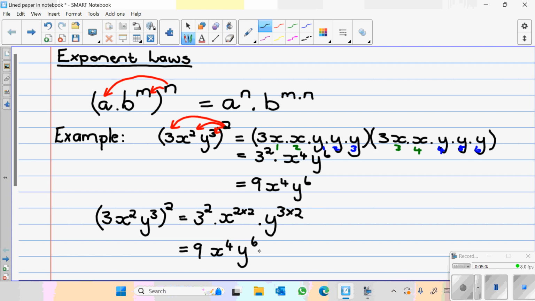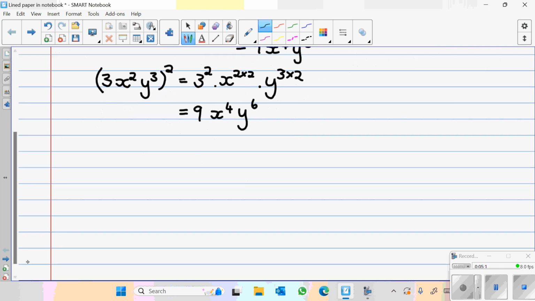But the law, which is now actually the third one we looked at, says that if you have numbers inside a bracket with a power on the outside, that power must be distributed to everything on the inside.